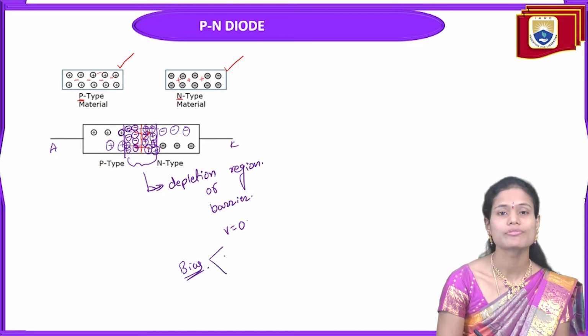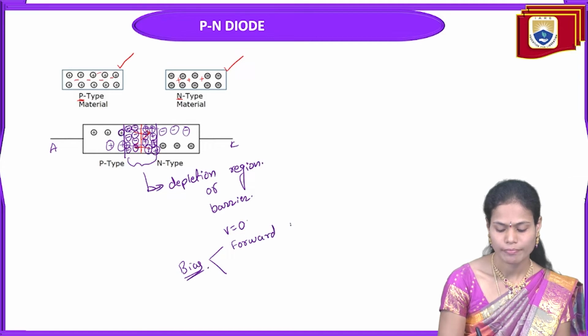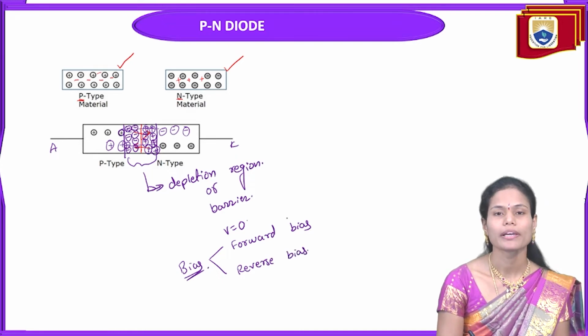This biasing is of two types: forward bias and reverse bias. We may apply either forward or reverse bias to the PN junction diode to see its characteristics.